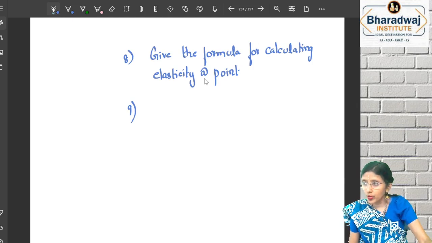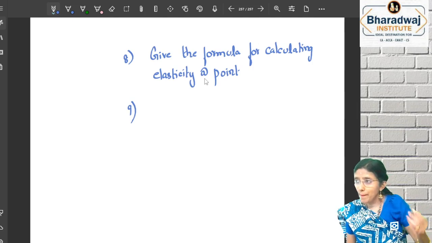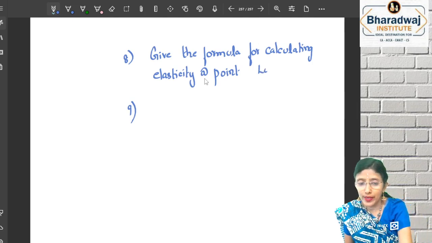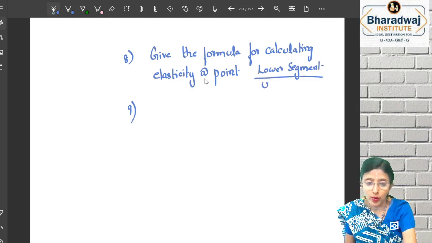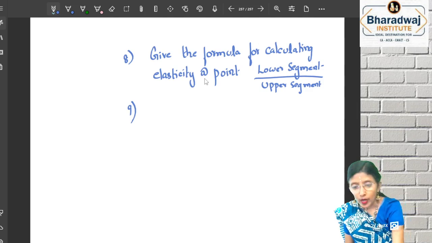Yes, have you written? What is the formula? Lower segment by upper segment. Okay. So they are asking you with the diagram and other is a formula. Okay, lower segment by upper segment. Now this ninth question also you do.